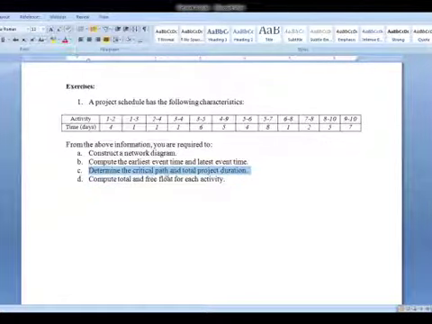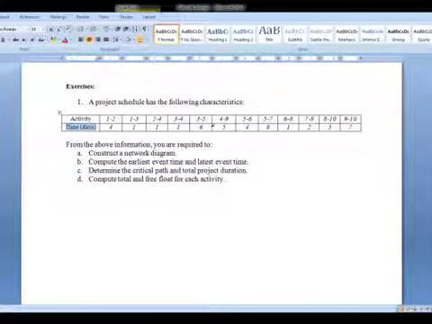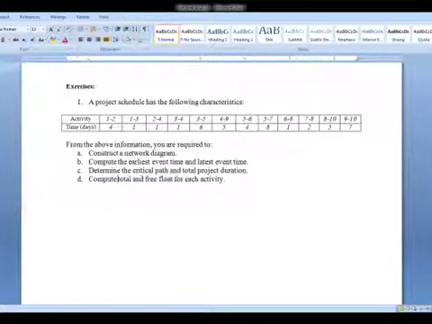So we need to find the critical path, means joining of all the critical activities will give us the critical path and the total project duration. How many days it will take to complete all these activities. Okay, and compute total float and free float, that is total float and free float for each activity. These are the things we need to do in the problem.